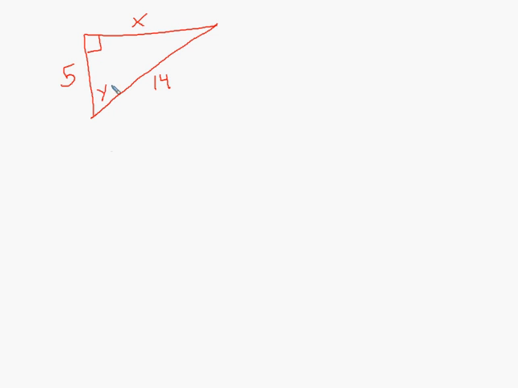X, Y, Z. Okay, so x is a side. Now we can find x by what? Pythag. So we'll go ahead and do that. x squared plus 5 squared equals 14 squared. 5 squared is 25.